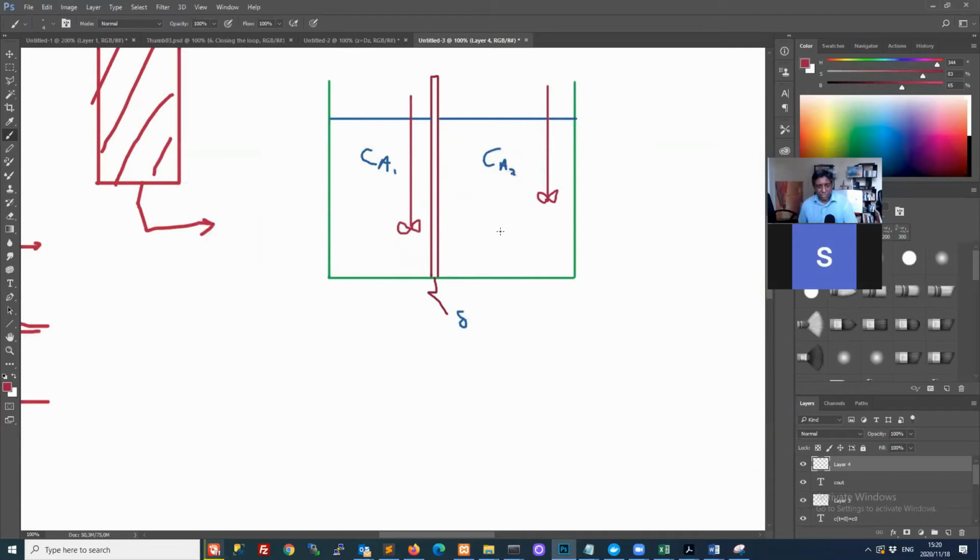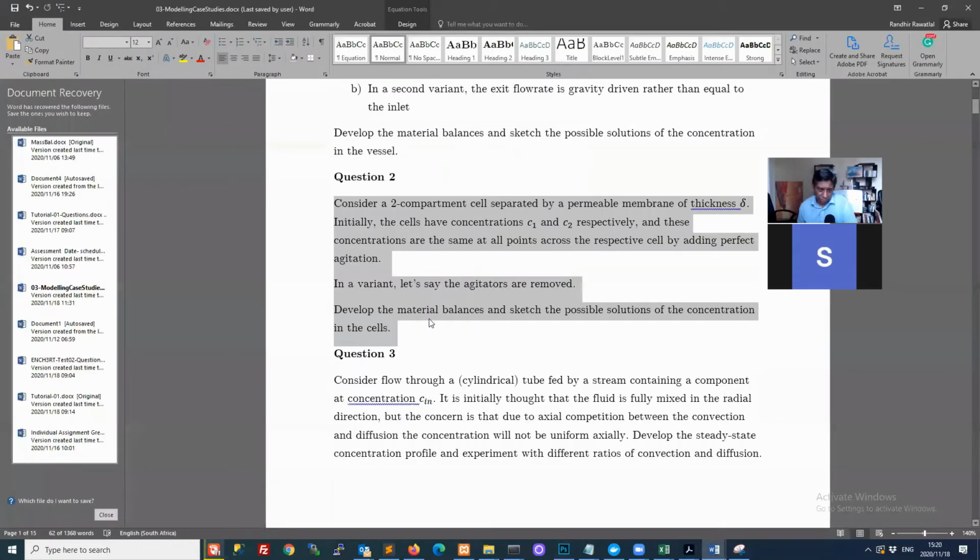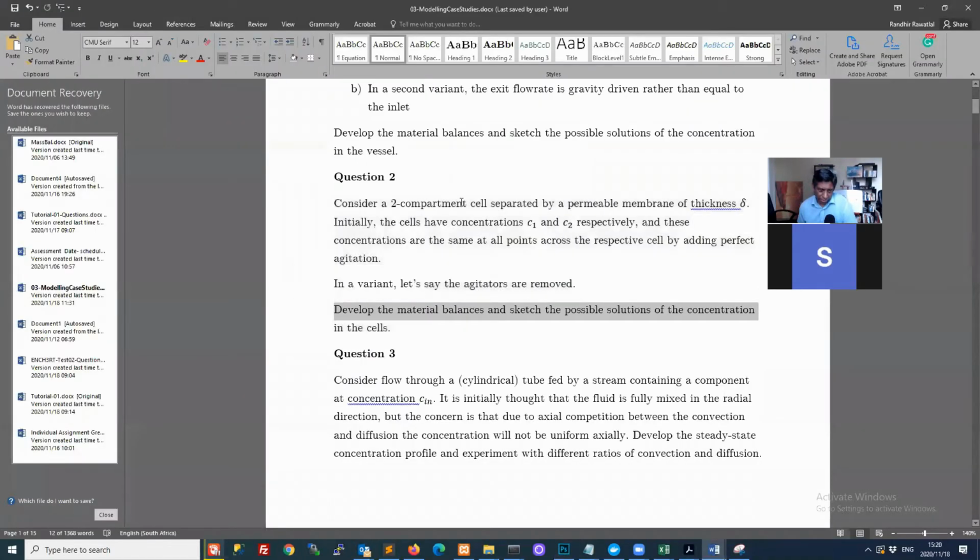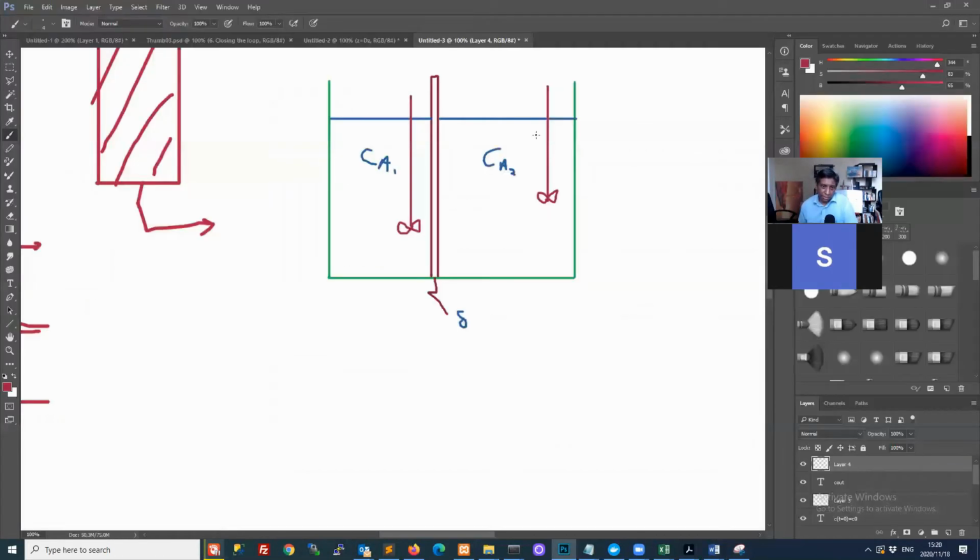That's a fairly straightforward exercise. However, the more interesting part is in this variant where the agitators are removed. That's obviously trying to say, what if you can't assume perfect mixing anymore? And that introduces some really interesting behavior. I'd like you to spend some time thinking about that. Try to sketch out your solution, develop your material balances, and see if you can code up some arbitrary numbers.